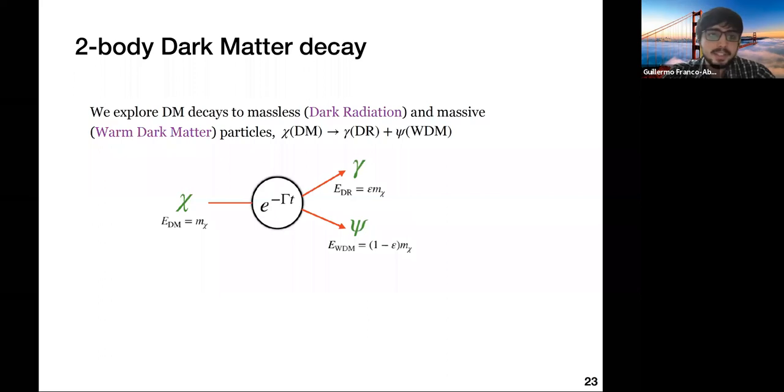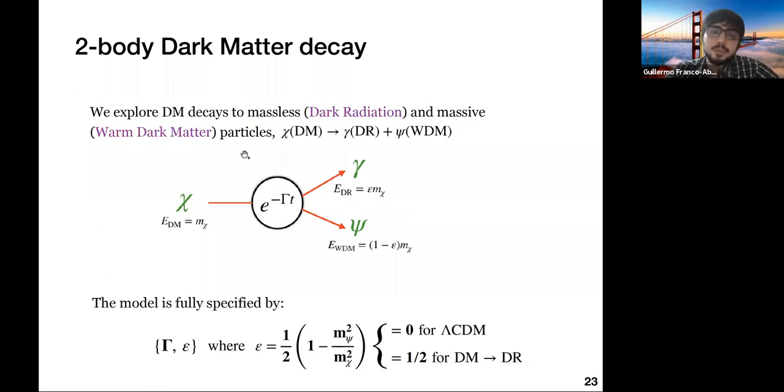So in particular, we have studied a scenario where dark matter decays to two types of particles. It's a two-body decay. So it decays to massive and massless particles, what we call dark radiation and warm dark matter. And these particles, the decay products, are assumed to not interact with the standard model. So that's why we say both of them are dark.